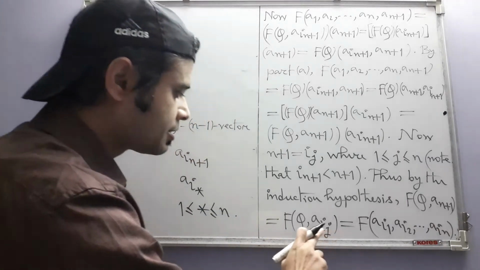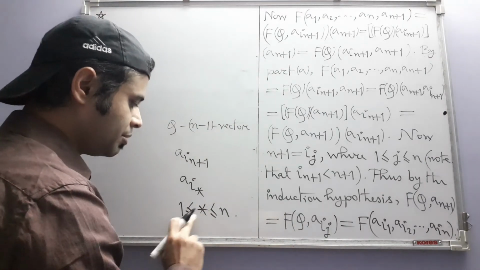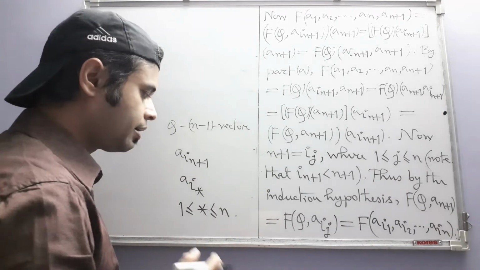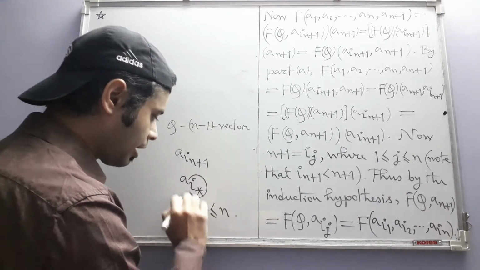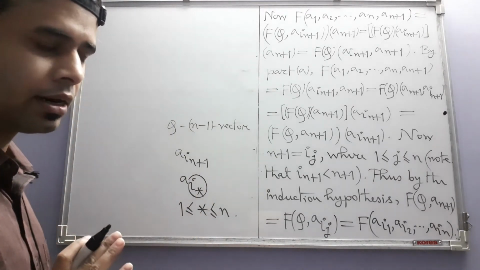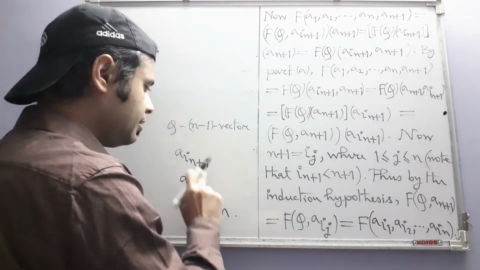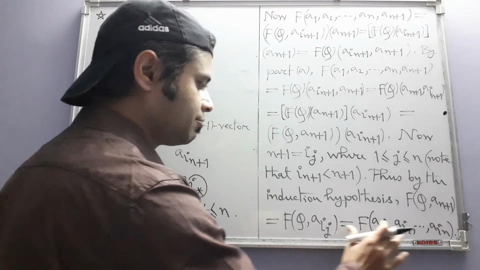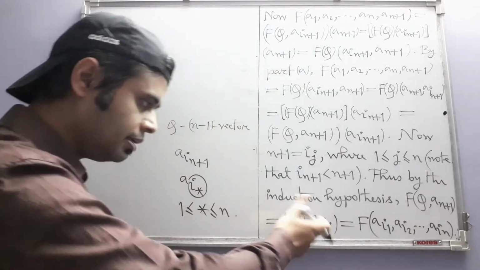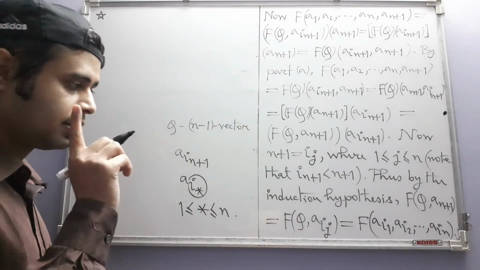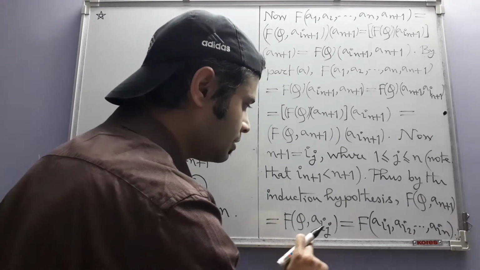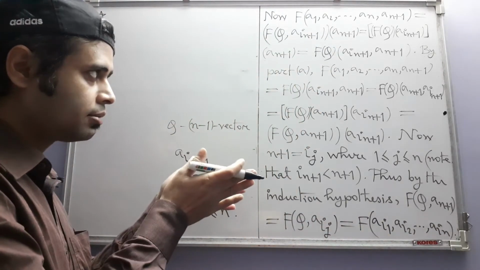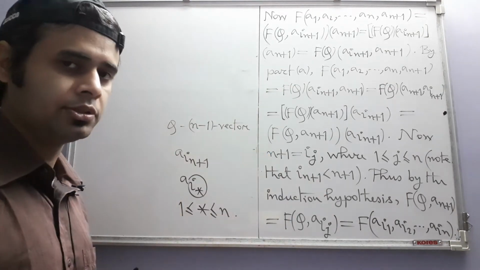All the indices between 1 and n are already present here, appearing in the form i suffix star. i_{n+1} has gone outside, so we in fact have everything here in some other order, and that order can be changed, and in its place we can write this. That's where we have used the induction hypothesis.